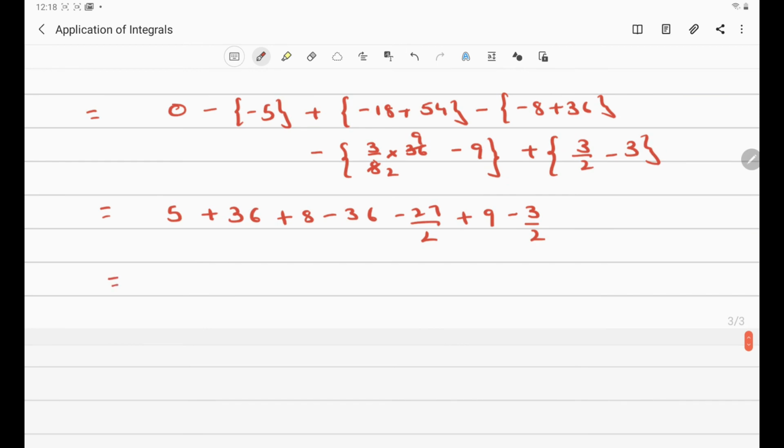So we get 5 + 36 = 41, plus 8 is 49, 49 + 9 is 58, 58 - 36, and here -27/2 - 3 is -30/2, which is -15, so we get 58 - 51, that is equal to 7 square units. So this will be the final answer.